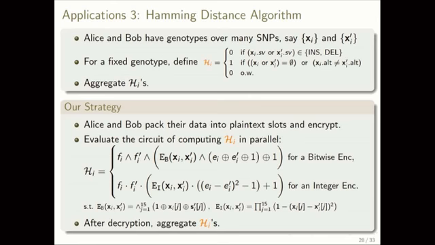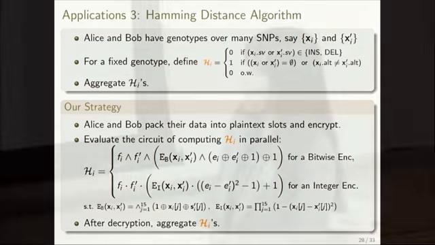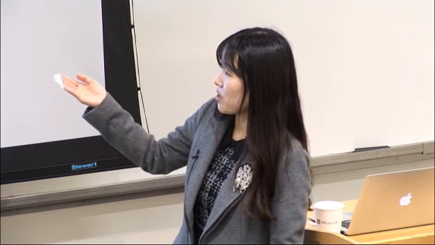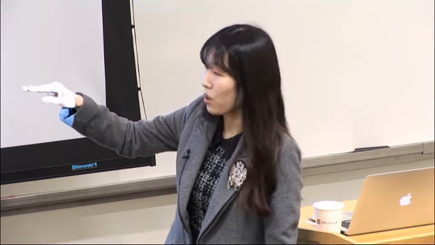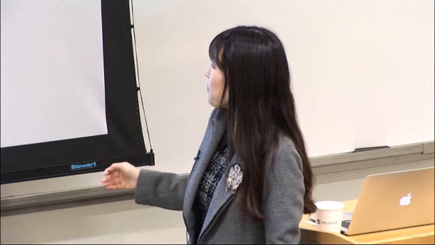And here is our strategy. First, Alice and Bob pack their data into plaintext slots respectively and encrypt using the public key, and then evaluate the circuit for computing the Hamming distance at the locus in parallel.